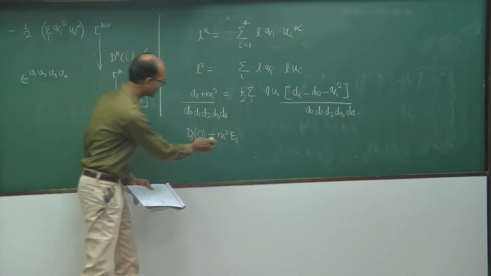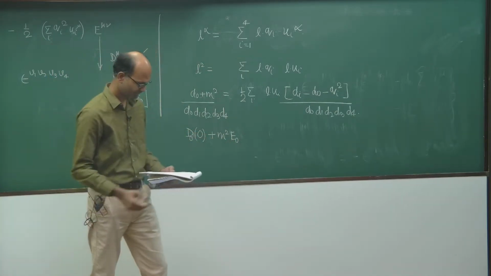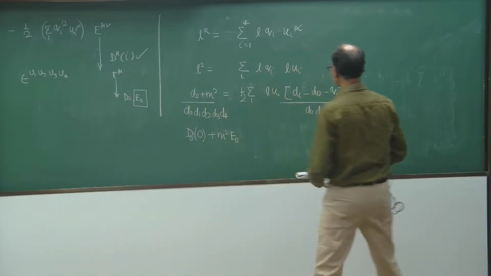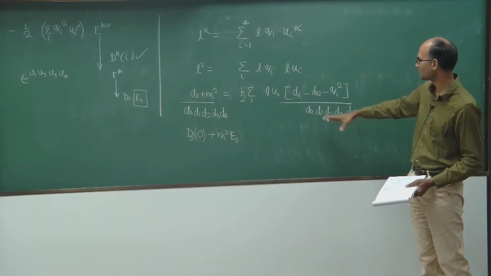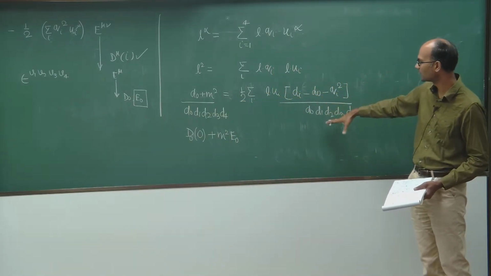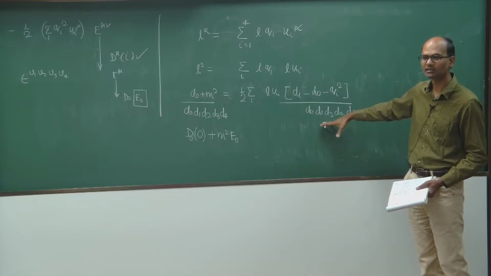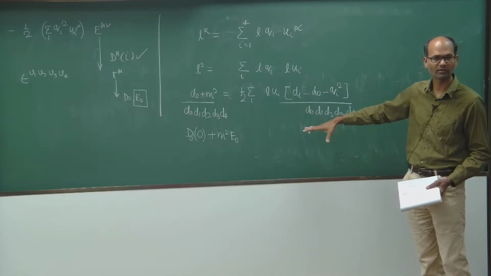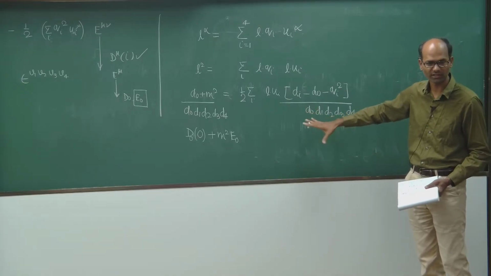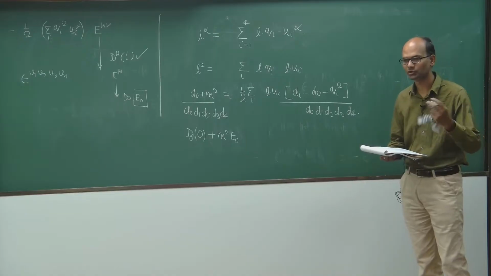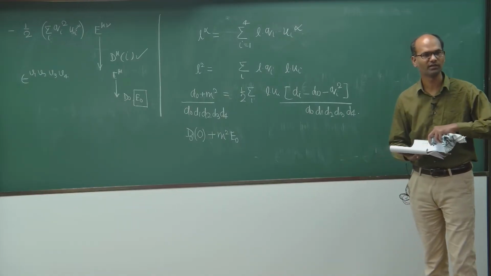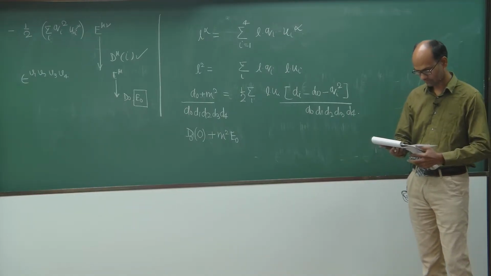So E0 has appeared here. What we are hoping is that on the right hand side I would have scalars, not tensors, so that I show E0 is written in terms of D zeros.